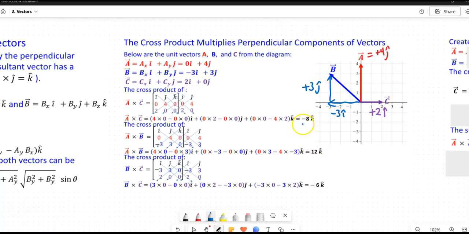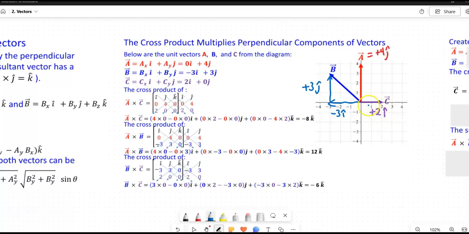All right, finally, let's figure out what B times C is. So B cross C. Well, we need the perpendicular portions. So this is right here. This is positive j, and this portion, positive j, is perpendicular to this portion of positive 2i.